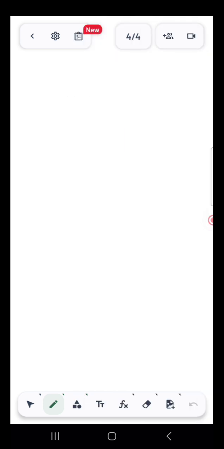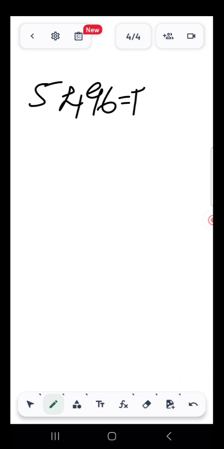We substitute A, it's 5,496, which will be equals to P times 1 plus the interest rate of 7.5%, multiplied by 2.